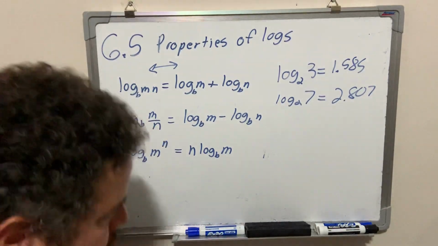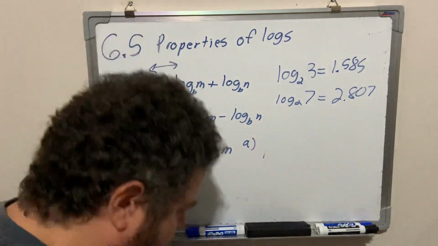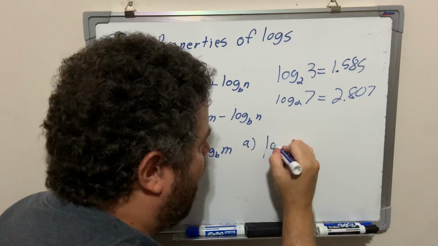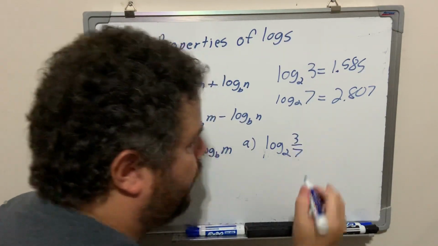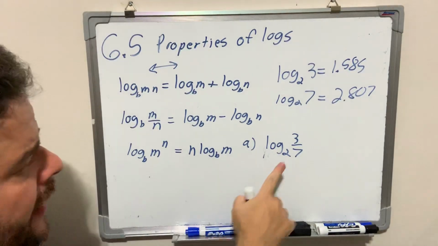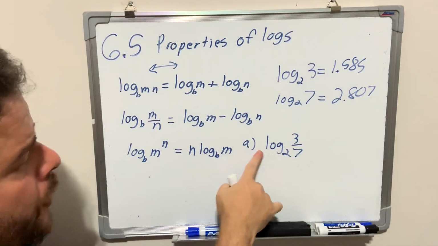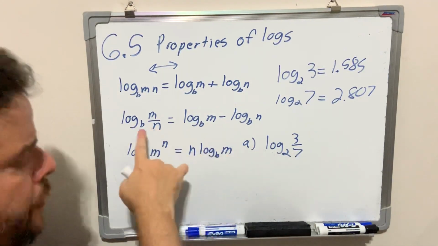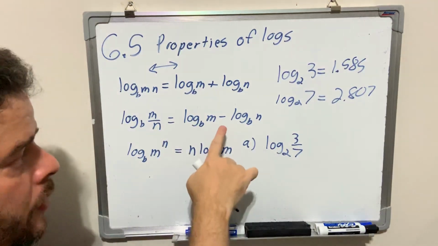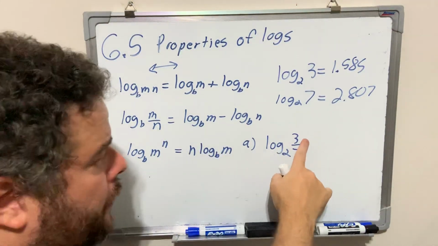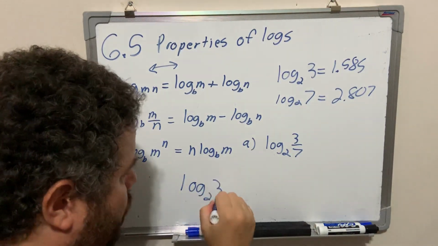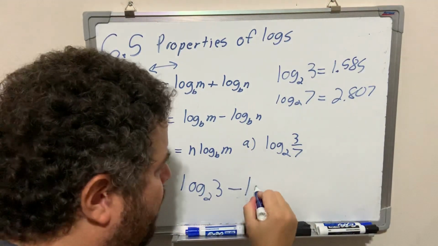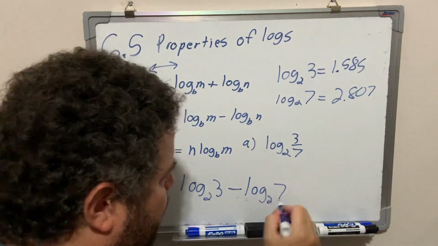Now, if we look at the first example, A is telling me log base 2 of 3 over 7. Again, when I look at my properties, this is the division or the quotient property. So what do I do here? I put the numerator in the front, log base 2 of 3 minus log base 2 of 7.